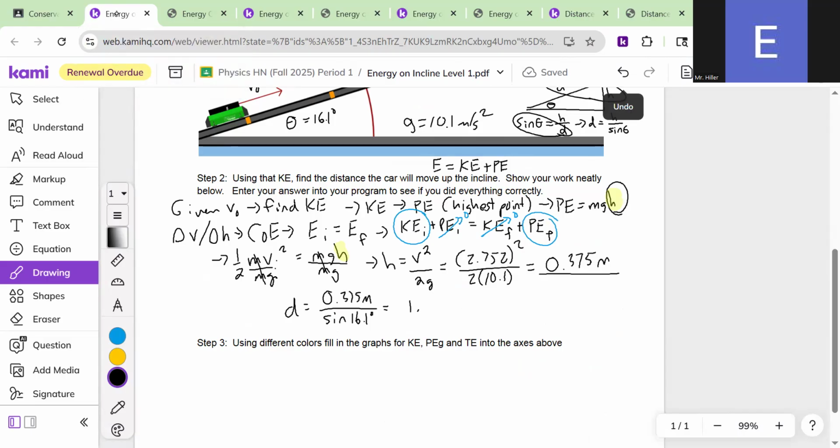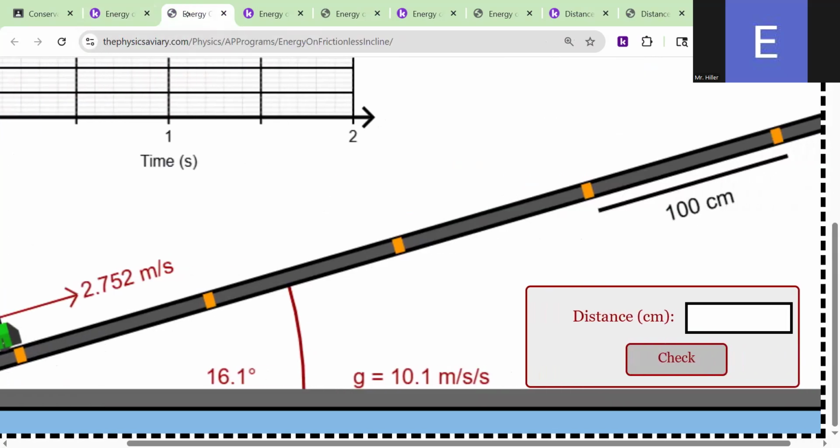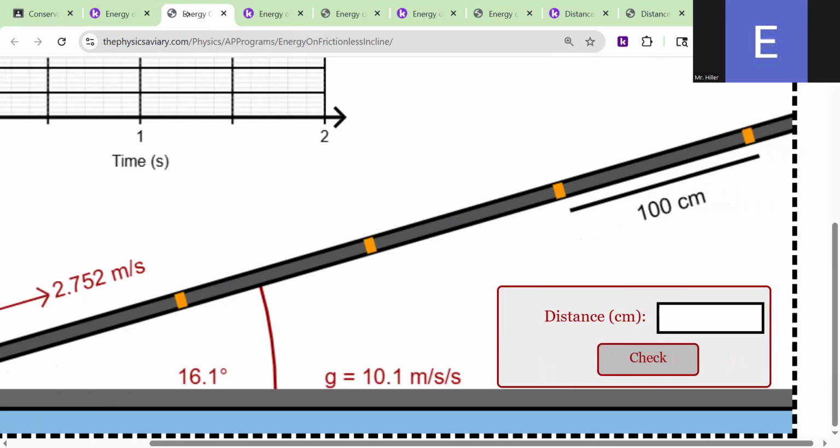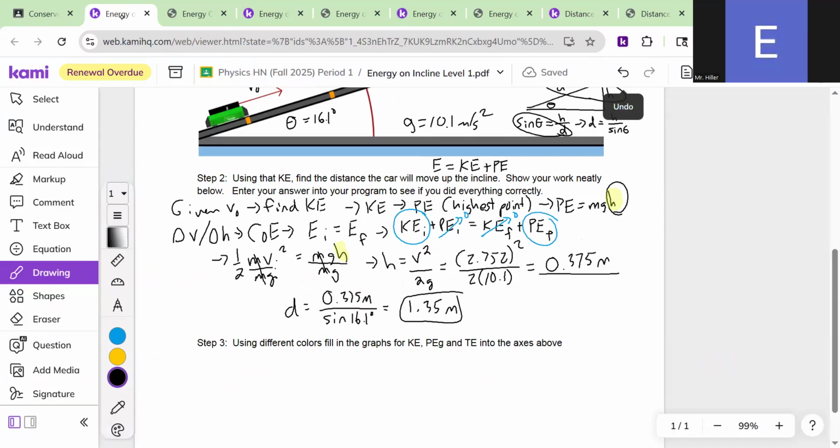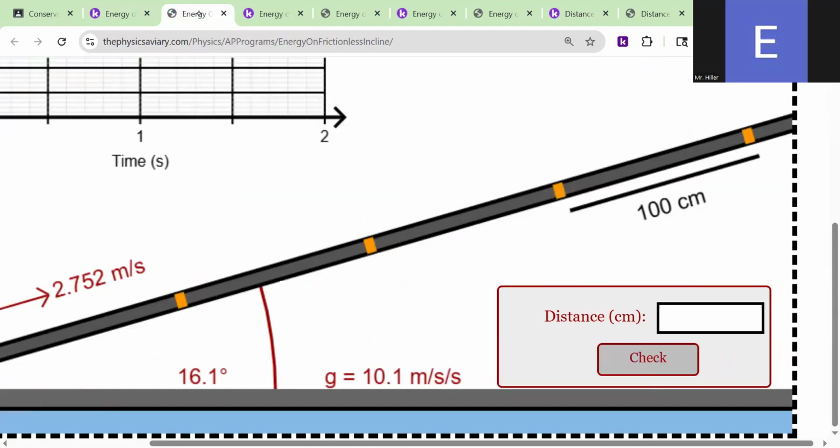For me, it looks like it's going 1.35 meters up the plane. I just have to make sure what unit it's supposed to be in, and clearly it says distance in centimeters, okay? So to put it in centimeters, I got to move it 2 spaces to the right, so that's 135 centimeters is what I need to enter for my program.